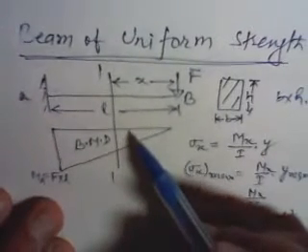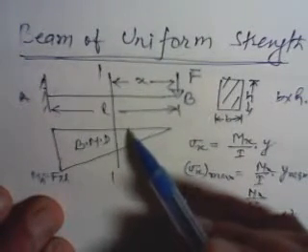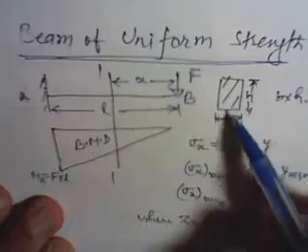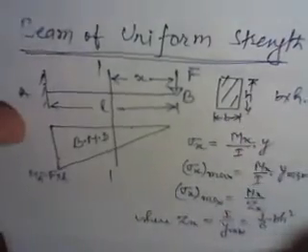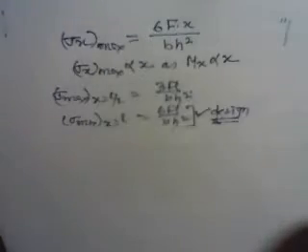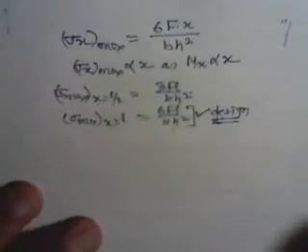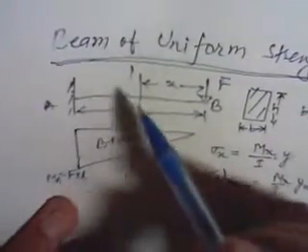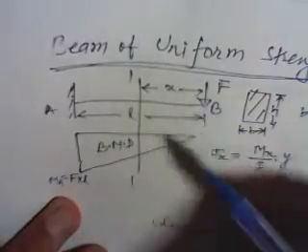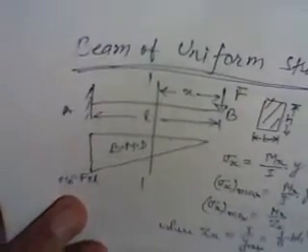At any point, the maximum induced stress is less, so this section is basically oversafe. So we want that the stress at any section is uniform. There is no change. Whether we calculate stress at this point or this point, we want that stress must be constant.